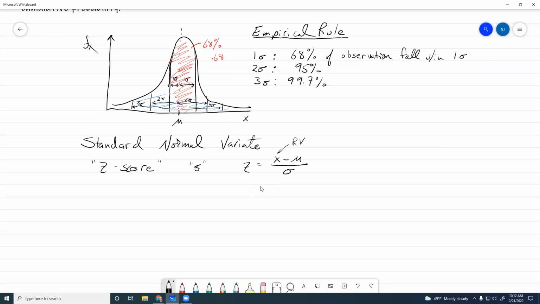And by standardizing it and calculating this z-score, the way to interpret this z-score is the number of standard deviations away from the mean.